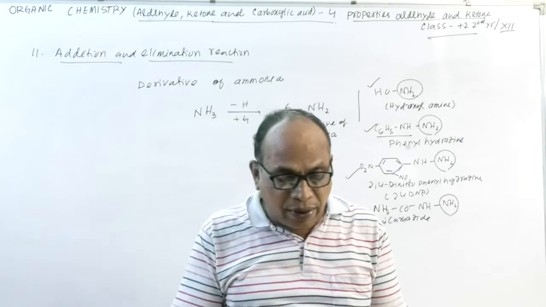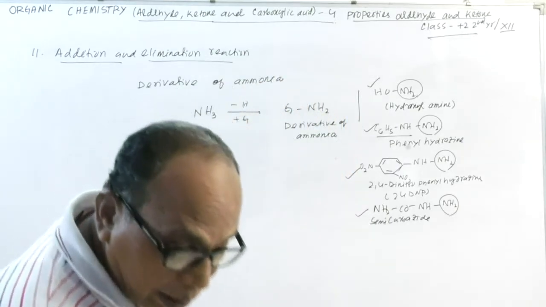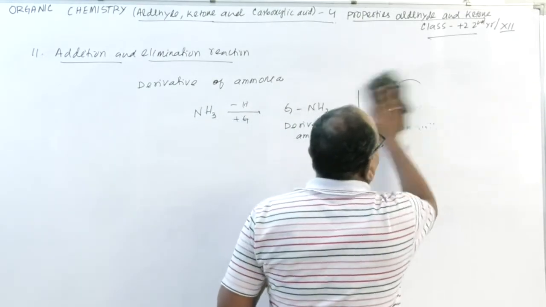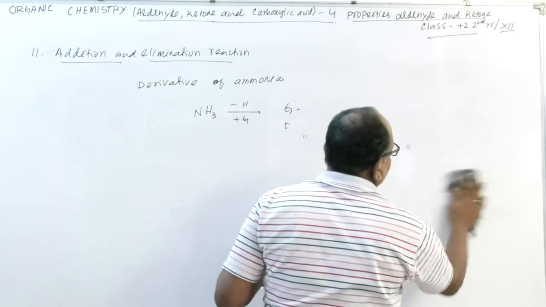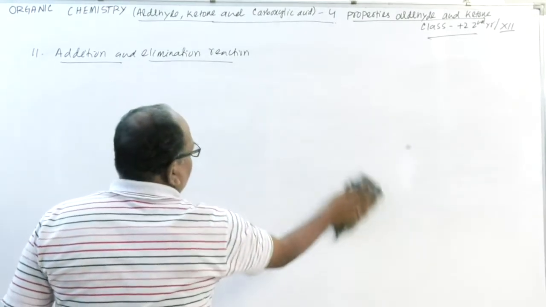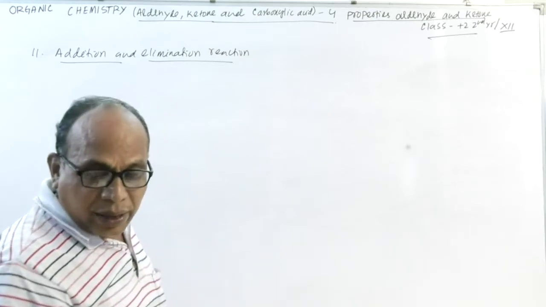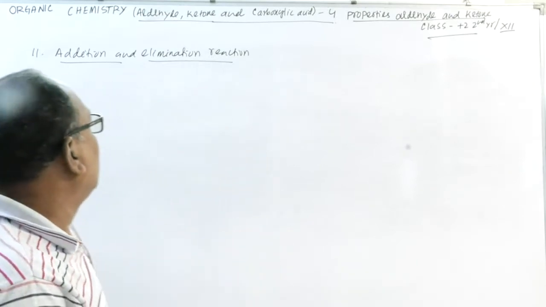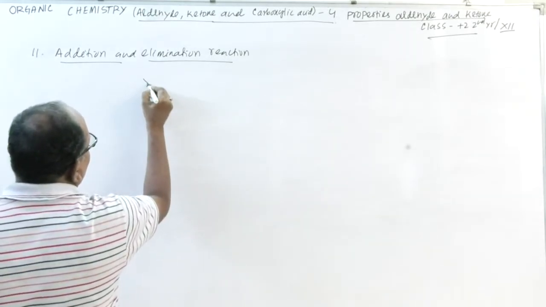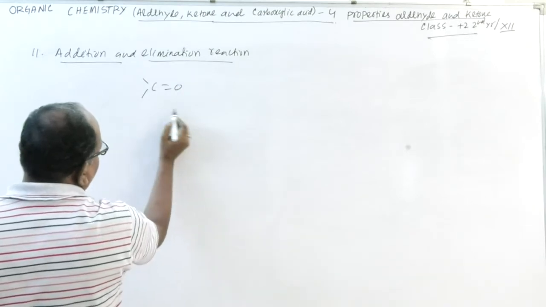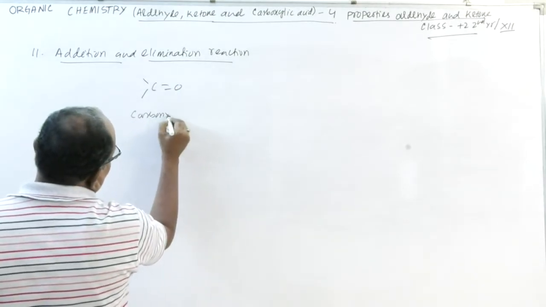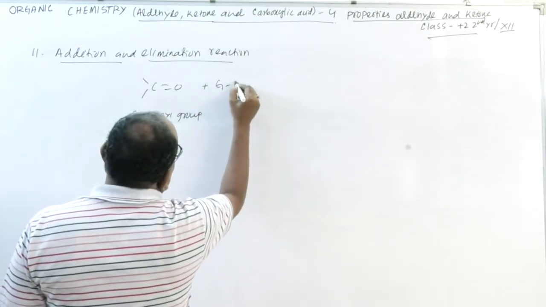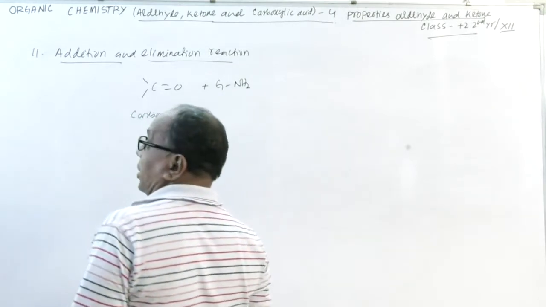Okay, how do derivatives of ammonia react with carbonyl group compounds? Are you clear what a derivative of ammonia is? It possesses an NH2 group. Now come to the carbonyl group compounds, which are present in aldehydes and ketones. This carbonyl compound reacts with the derivative of ammonia.